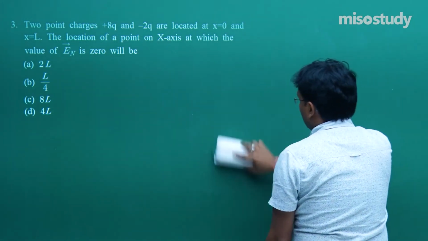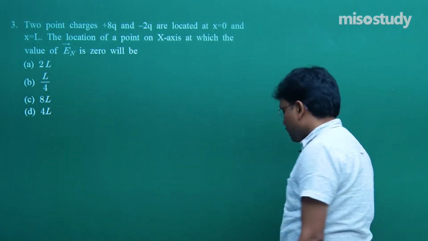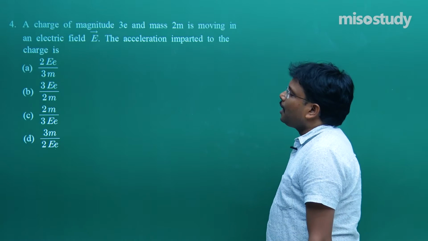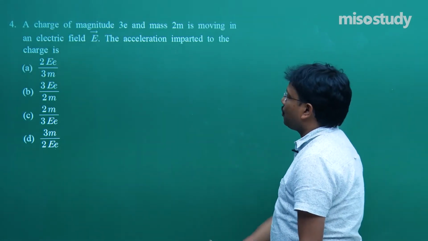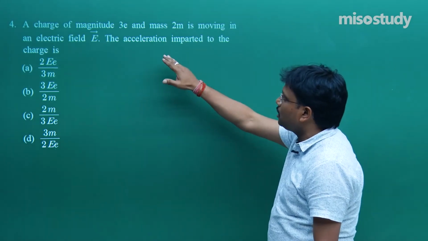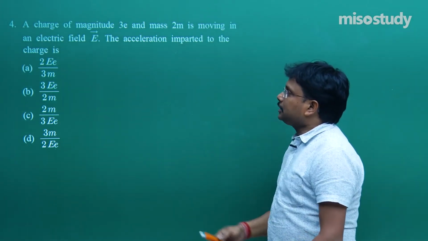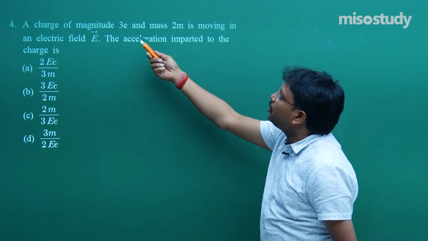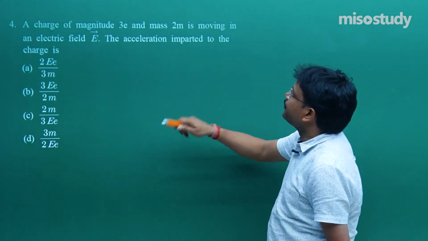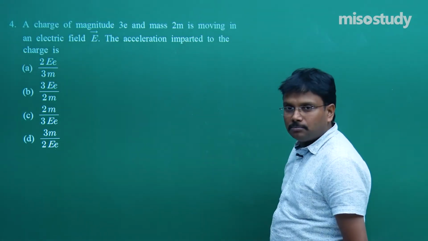Fine. So here now I am coming on to the next problem, and this problem is again based upon a basic concept. So first we all will try to read, think, visualize the problem. A charge of magnitude 3e, fine, e may be electron charge or anything else, and mass 2m. Okay.